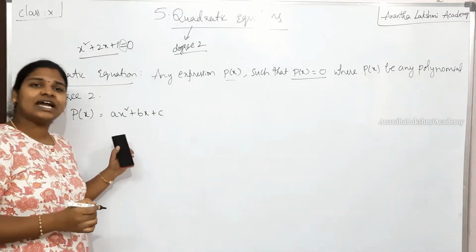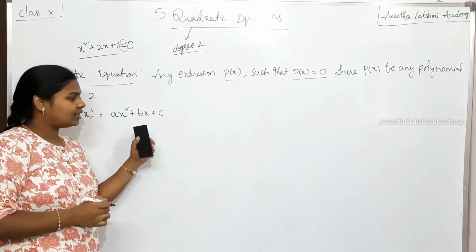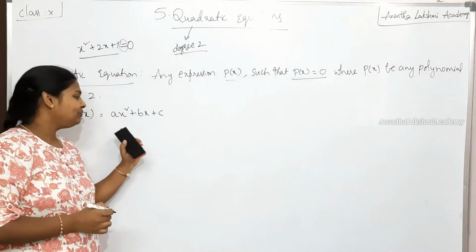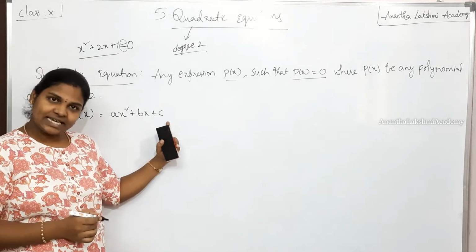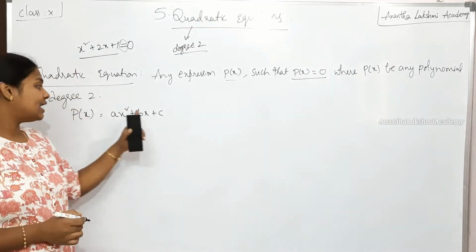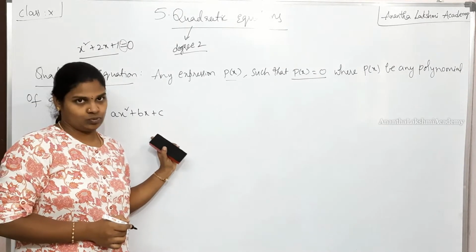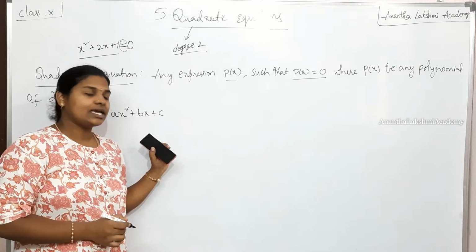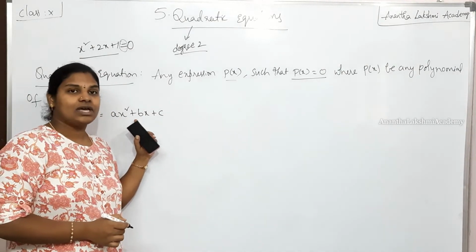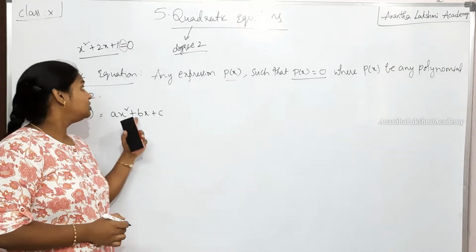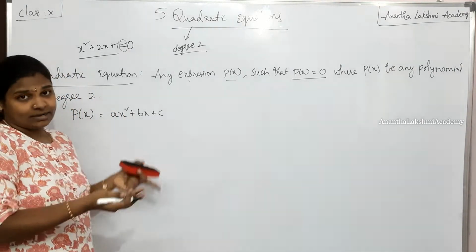Isn't it? This is the standard form which we have learned in our polynomials chapter. Ax square plus bx plus c is the standard form of an expression whose degree is 2, or you could say it is a quadratic expression.